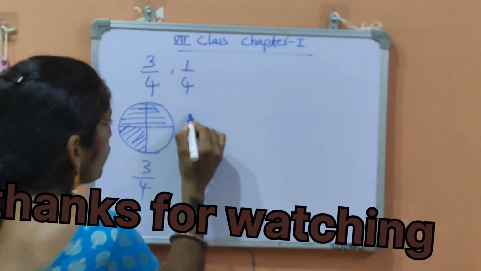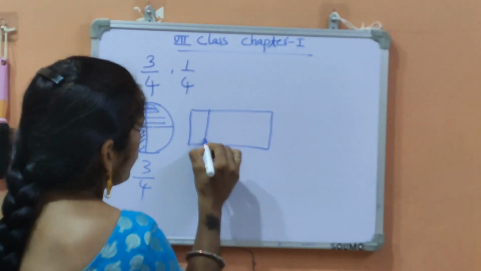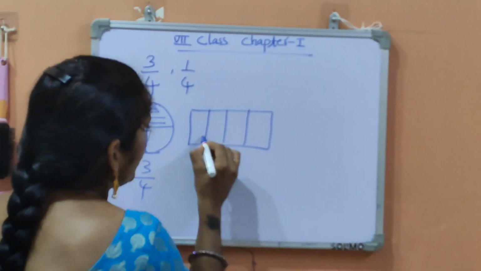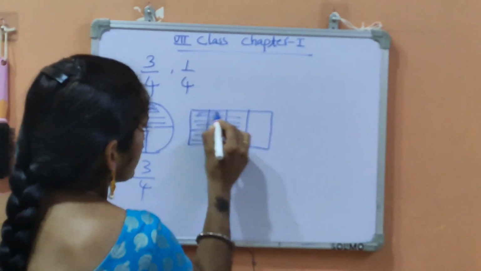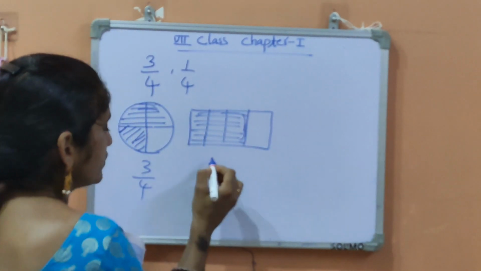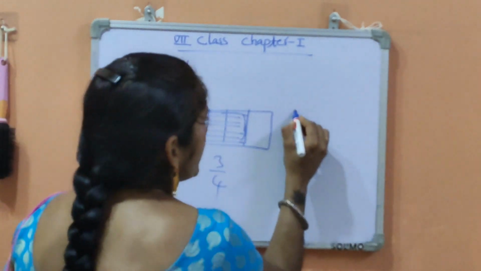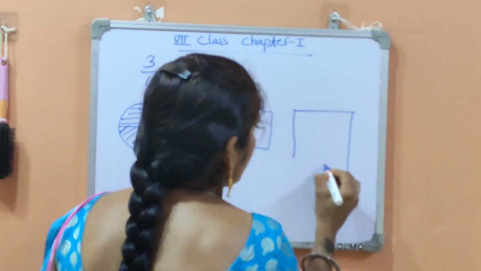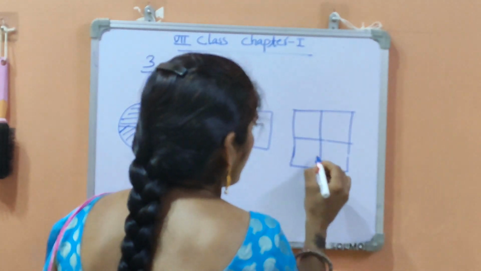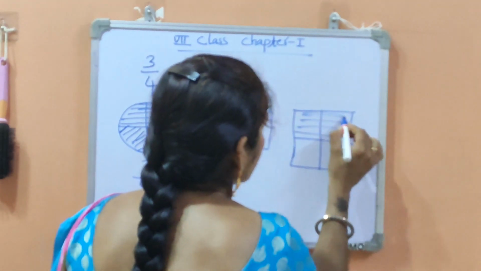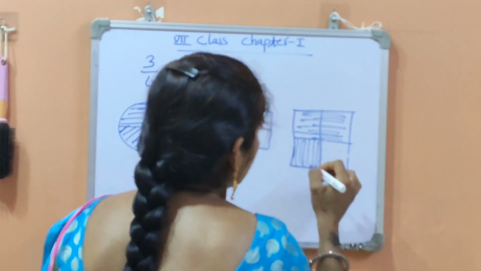In another way, how can we represent it? If we take a rectangle, we divide it into 4 equal parts and shade 3 parts. This is also 3 by 4. If we take a square, we divide it into 4 equal parts and shade 3 parts.